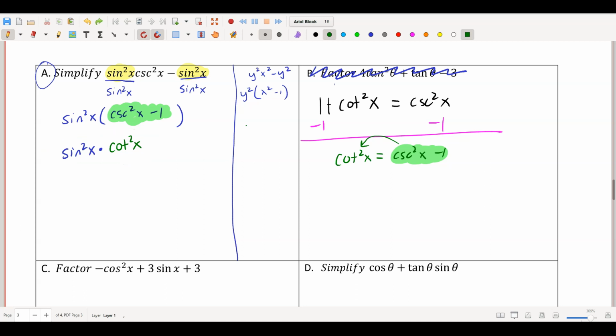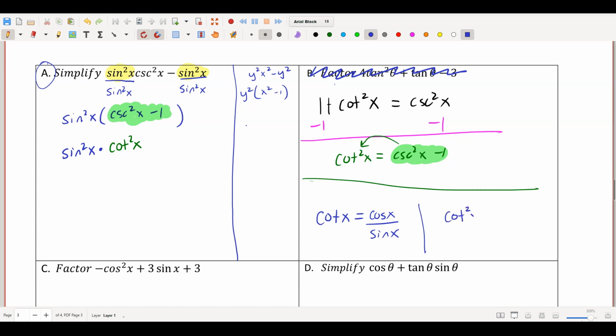So what I'm saying here is, look, cotangent squared. What is cotangent squared in terms of sine or cosine? Well, one of my trig identities says that cotangent is equal to cosine x over sine x. And guess what? If I square that, that also means that cotangent squared x, which is what I have, would then be equal to cosine squared x divided by sine squared x.